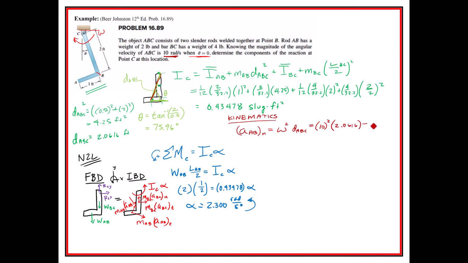And we could do that math easy enough. 206 point, I guess I go 2 if I want to, right? And that's going to be feet per second squared. And then we have the acceleration of AB tangentially. And that's going to be alpha times DABC. We just found out alpha.